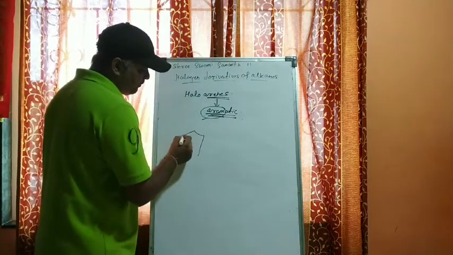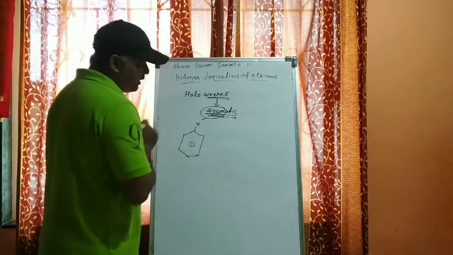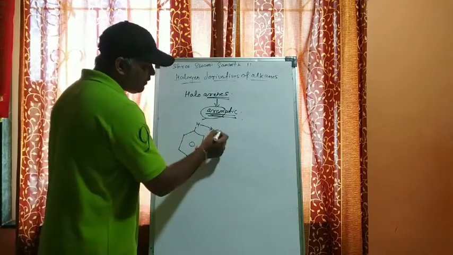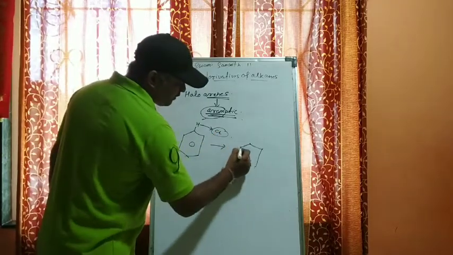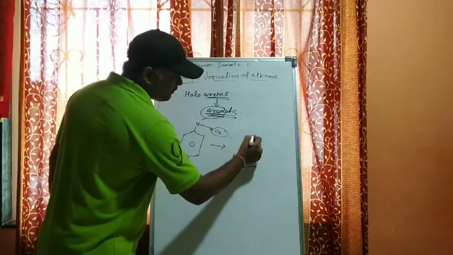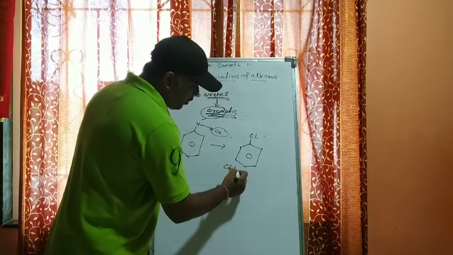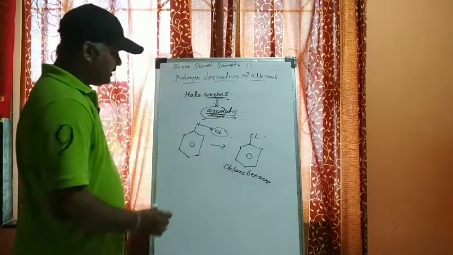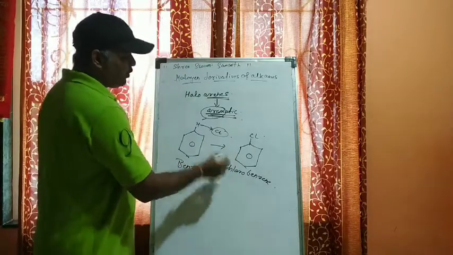For example, this is our benzene. This is the hydrogen atom of the benzene. When you replace one of the hydrogen atoms of the benzene by chlorine, this becomes a haloarene. What is the name of this compound? This is chlorobenzene. This is benzene and this is chlorobenzene, right?